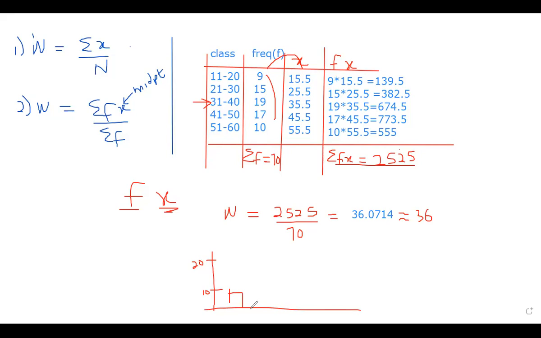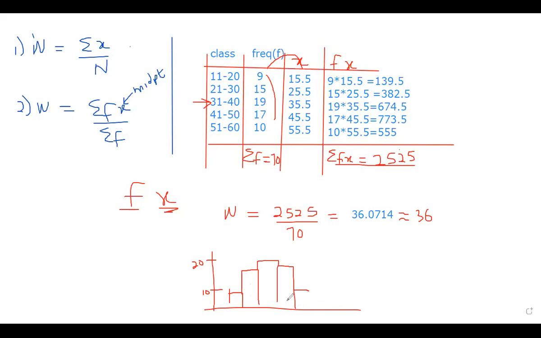From 21 to 30, you have 15 here. Then we have 19, 19 goes up. The next one is 17. And then the last one is 10.